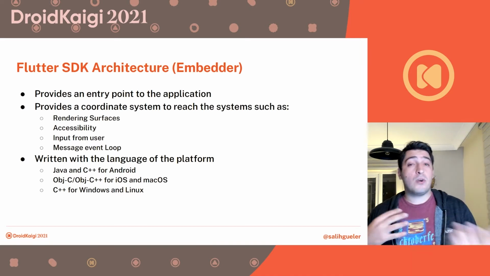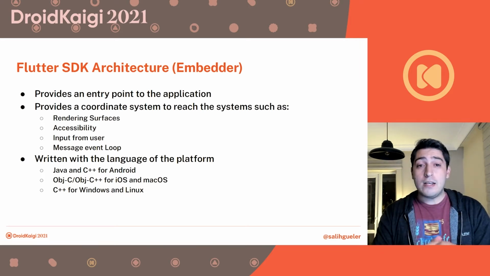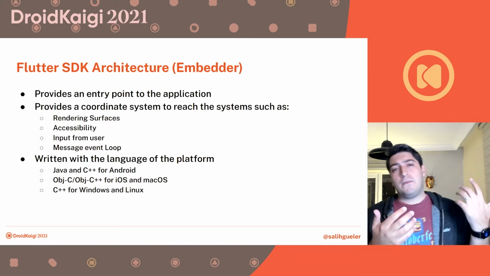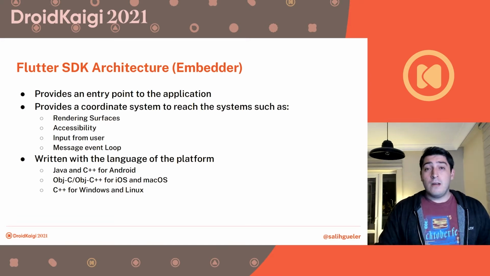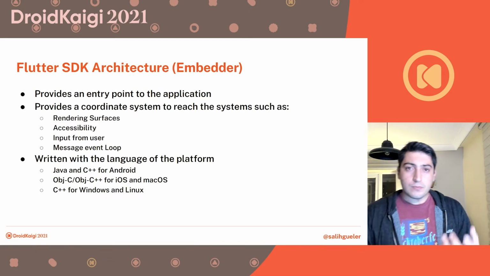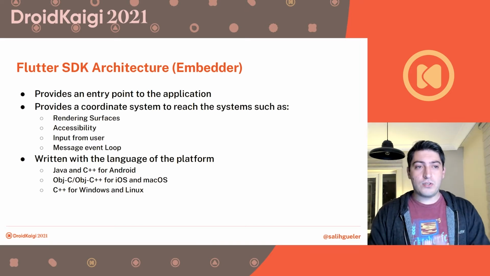For example, for Android, it is Java and C++. For iOS, it uses Objective-C and Objective-C++. And for Windows and Linux, it uses C++. So all the native operations that we need have been written in the languages that they belong to.